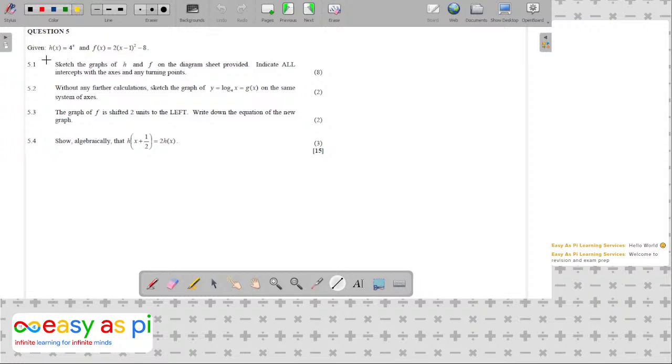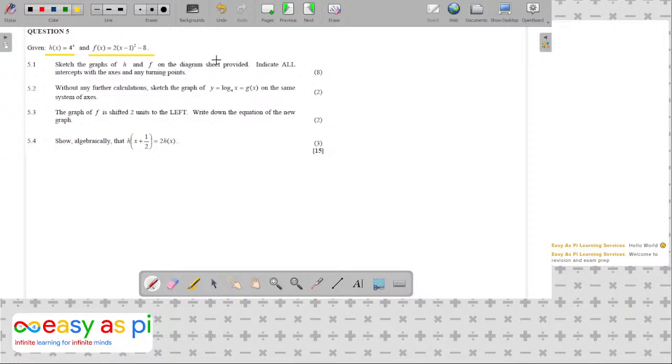Okay, we've got h of x is equal to 4 to the power of x. So we can see that this is an exponential. And then f of x is equal to 2 into x minus 1 squared minus 8. And we should know that this is a parabola in the turning point form. Okay, because remember, the parabola in the turning point form is a into x minus p squared plus q.